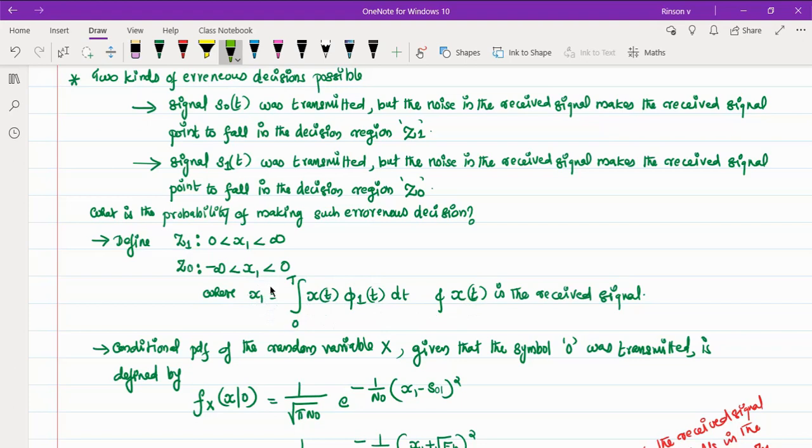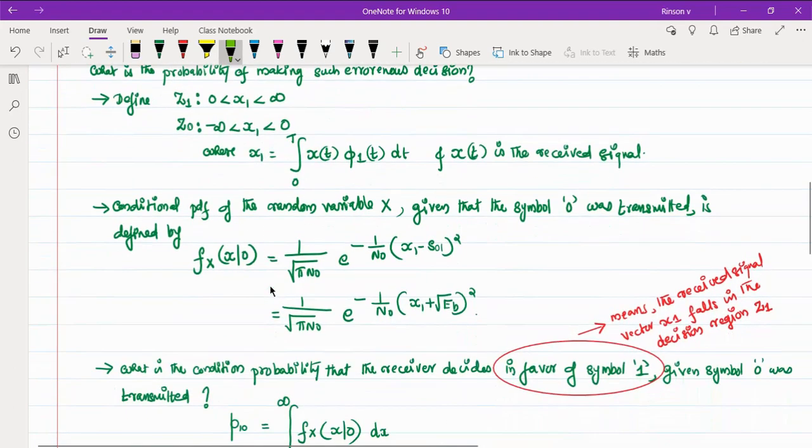Now the conditional PDF of the random variable x, given that symbol 0 was transmitted, is defined as this: f_X(x|0). We have already discussed this in one of the lectures, on statistical characterization of correlator output.